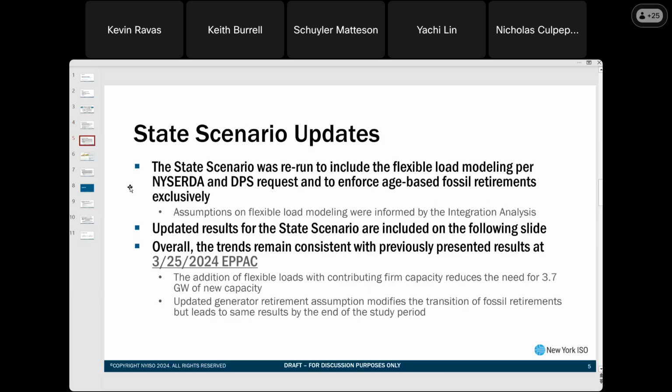Okay, so just to talk about what has changed since we presented at the last EPPAC. These results include flexible loads. And I just want to clarify what flexible loads means in this instance. The flexible loads is specifically referring to light duty electric vehicle charging.